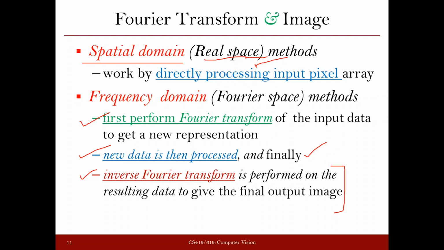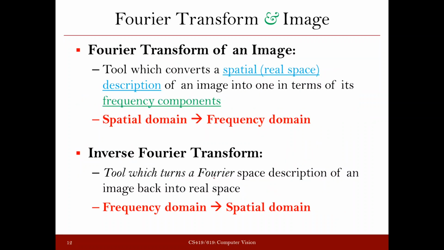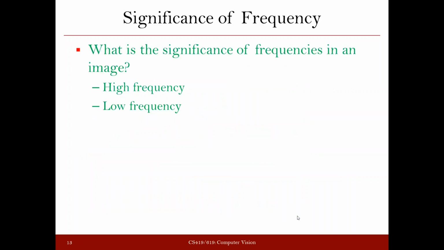So please remember, whenever we are working in the frequency domain, these three steps are important: first, the Fourier transform to take your image to the frequency domain, then performing the intended operation there, and then performing the inverse Fourier transform. When we perform the Fourier transform, we are taking our image from the spatial domain to the frequency domain, and when we perform the inverse Fourier transform, we are bringing our image back from the frequency domain to the spatial domain.